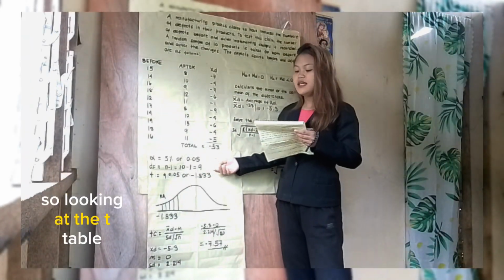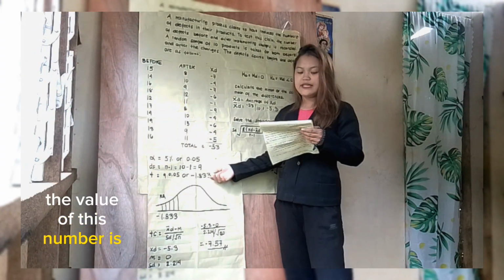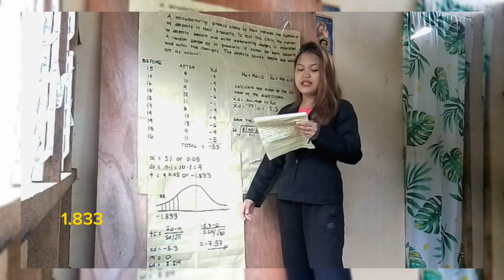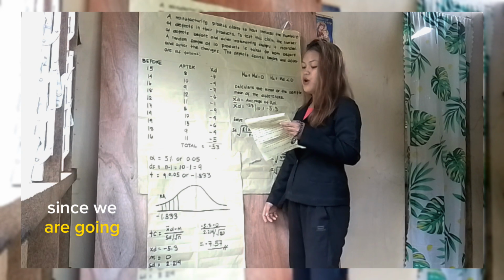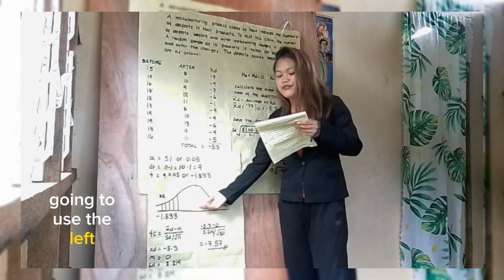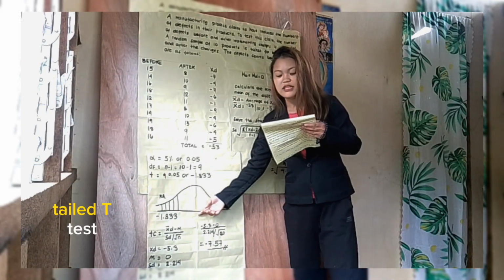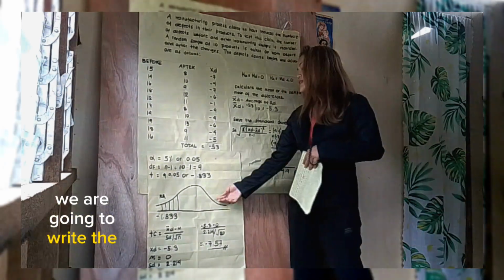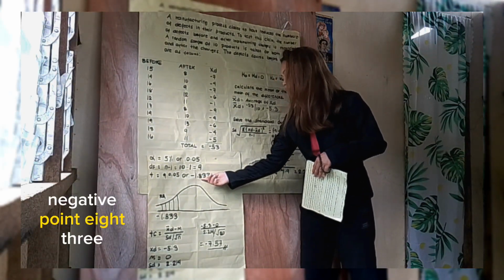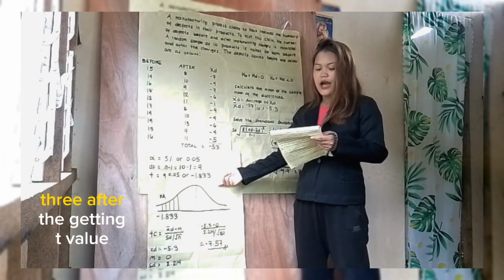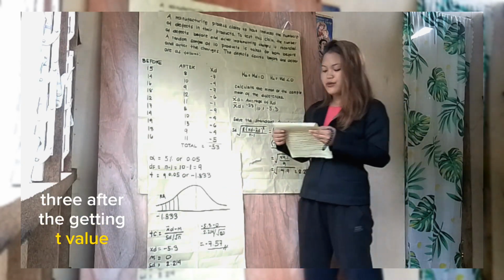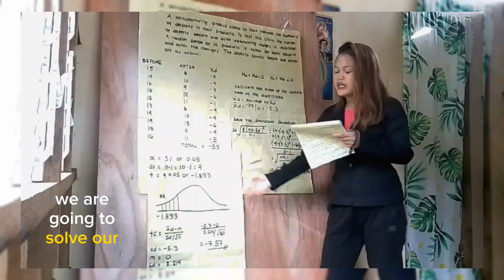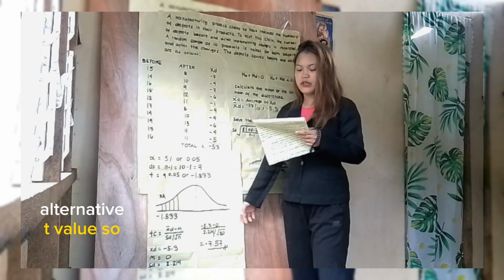So looking at the t table, the value of this number is 1.833. Since we are going to use the left-tailed t-test, we are going to write the negative 1.833. After getting the critical t-value, we are going to solve our calculated t-value.